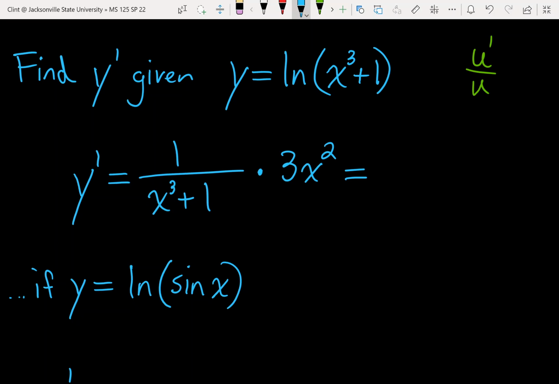And then if we put it together, it's 3x squared over x cubed plus 1. Because you can see the chain rule working here better with it written out the long way.